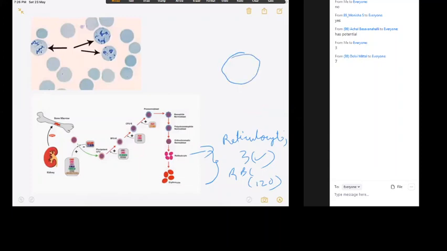In the late stages, is there a nucleus or no? No, correct. Then what are the contents over here?